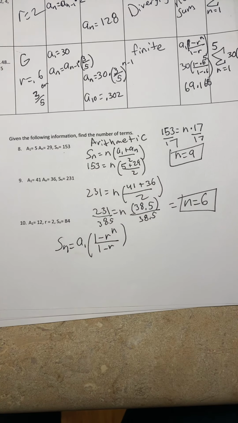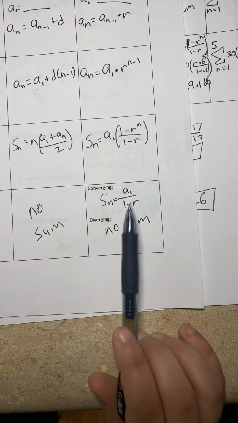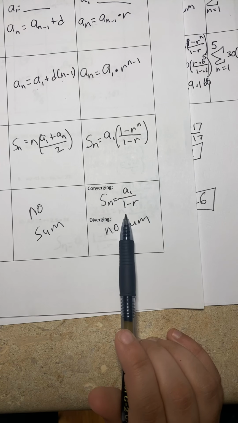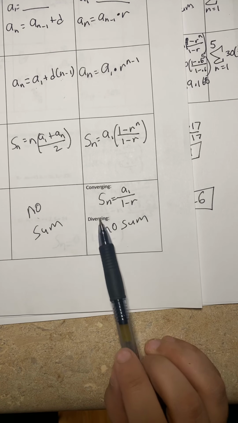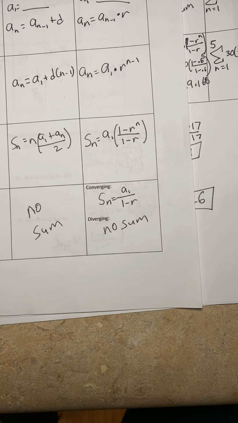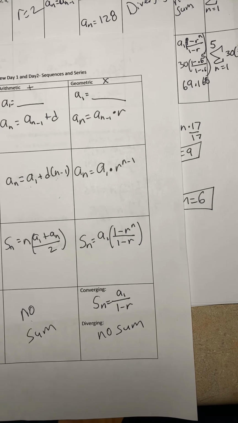The reason I know to use that one is because it gives me a number of terms, so it's not going to be infinite. If it were infinite, I would use the other one. But because we are looking for a specific number of terms, that means it's going to stop, so I'm going to use this equation here.